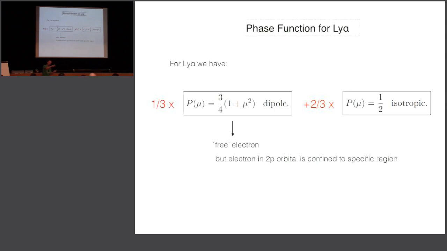The orbital has this weird shape. So it's almost like the electron is moving in this way, but it's also moving a little bit in this way, and in this way, right? So it's sort of smearing out this nice dipole pattern. Maybe that's a better way. Maybe I should have said it like that. The main point is that Lyman-alpha scattering is not quite isotropic and not quite dipole. It's in between.